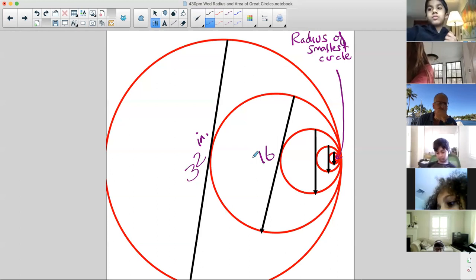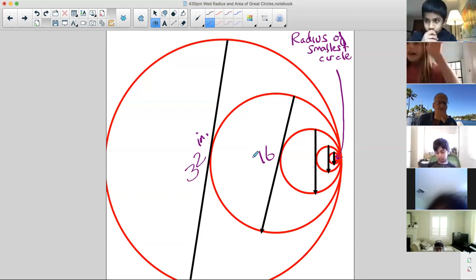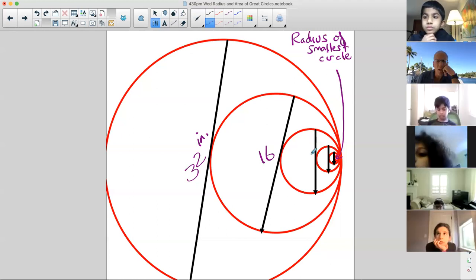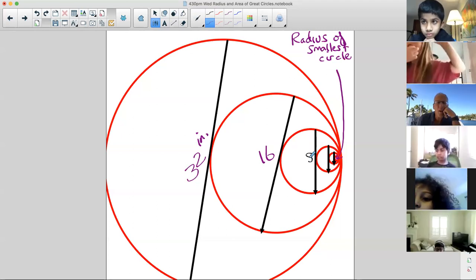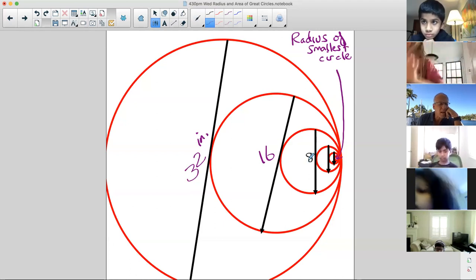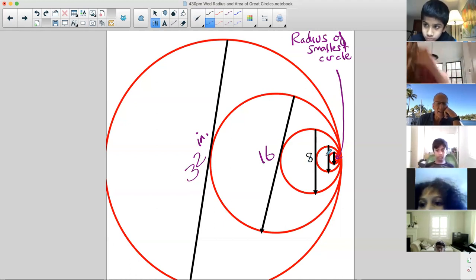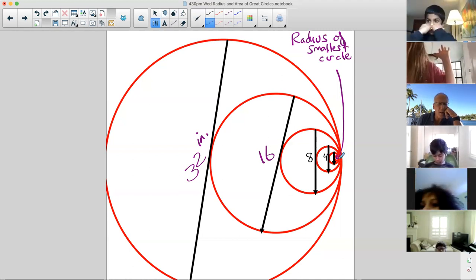Because if you count down by halves, the biggest would be 32, then 16, then 8. Keep going. 4. Keep going. 2. Keep going. 1.